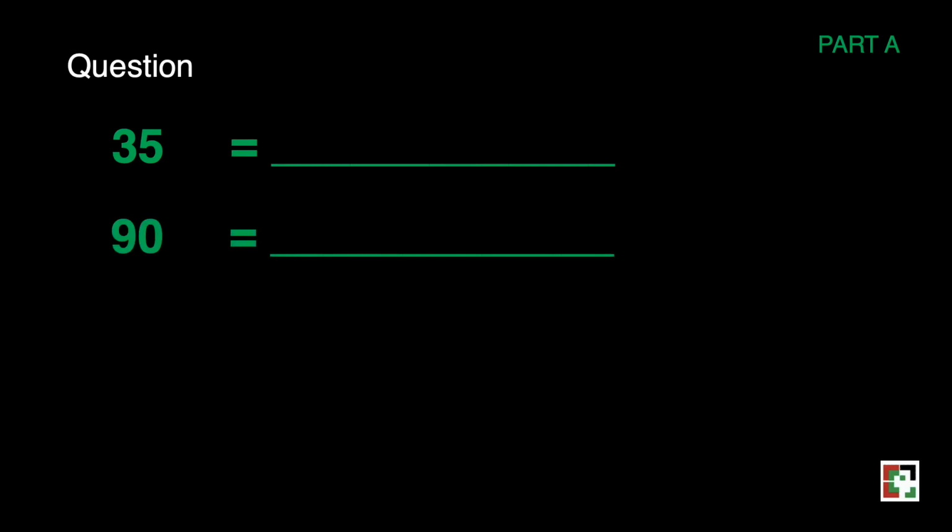Now let us have part A. In this part, you have to write the prime factorization of the following numbers in exponential notation. Let's have the first one, 35. Next, 90.